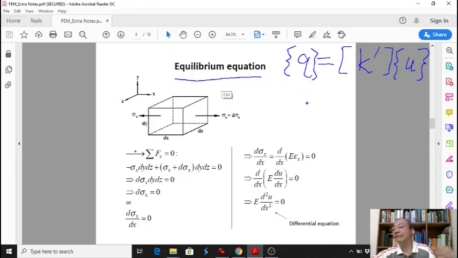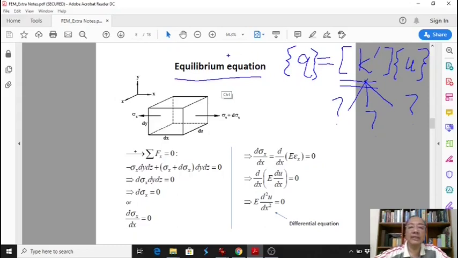This is the basic stiffness method from before. So we need to find K prime. How to find K prime? In the finite element method, we have many methods. First we need to consider the equilibrium equation, before we consider K prime.